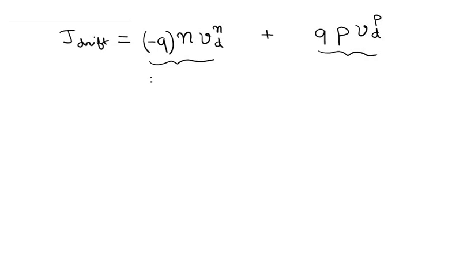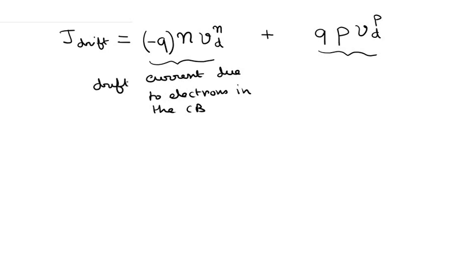So this is the drift current due to electrons in the conduction band. This is the drift current due to holes in the valence band.